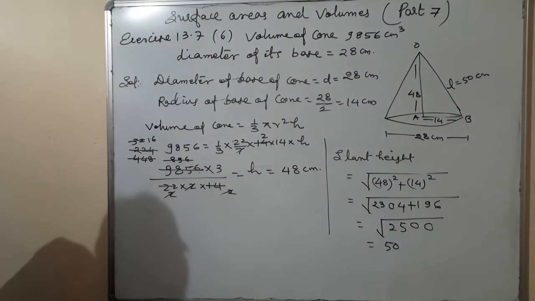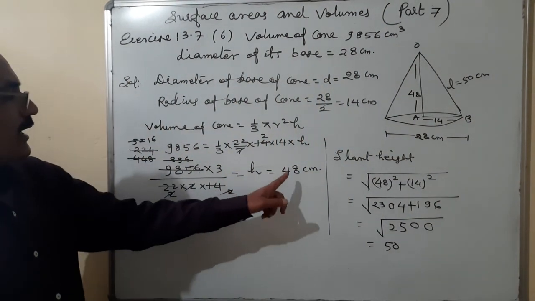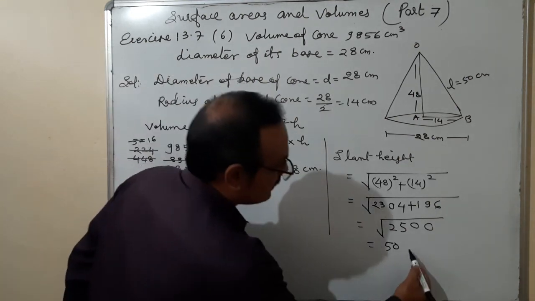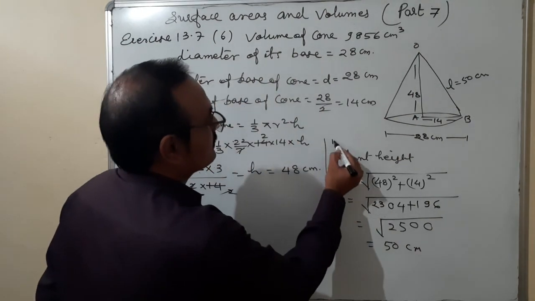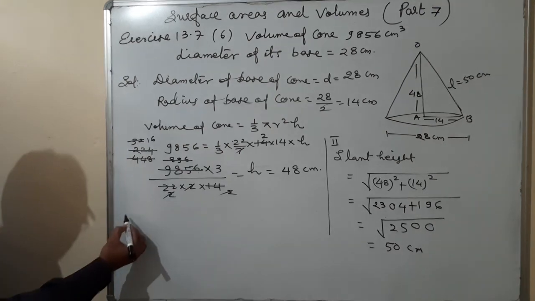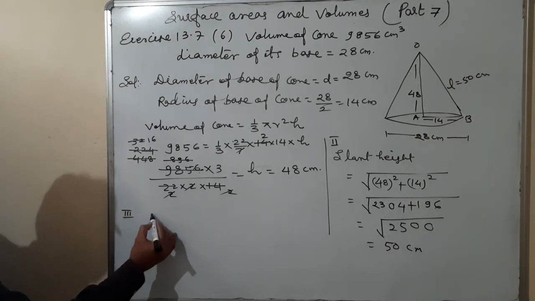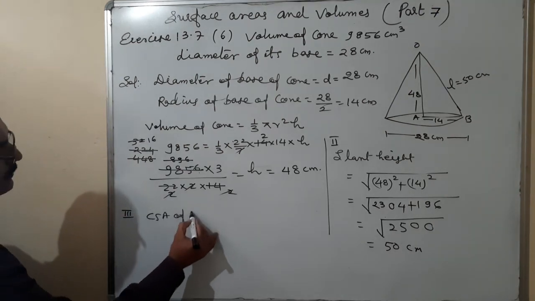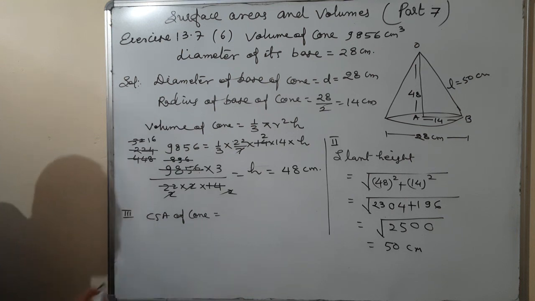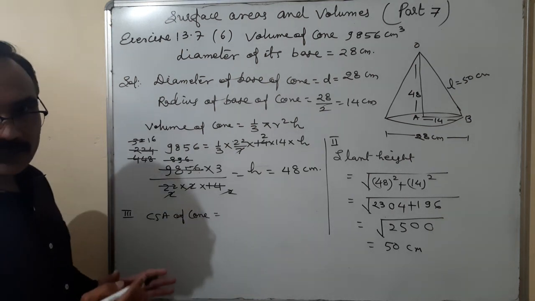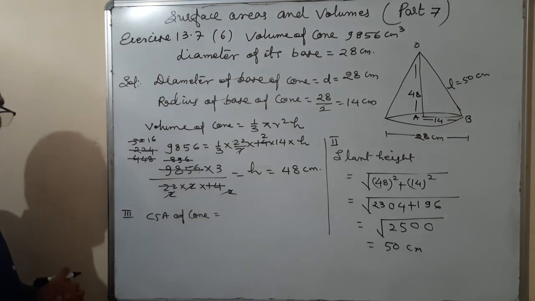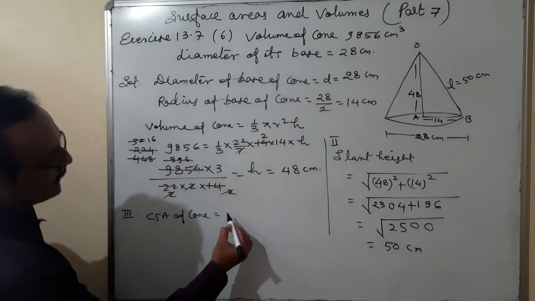Okay. So one we got, height, second is slant height, and third one is to find the CSA. CSA of cone. What is CSA? Curved surface area. Curved surface area of cone, formula pi r l.